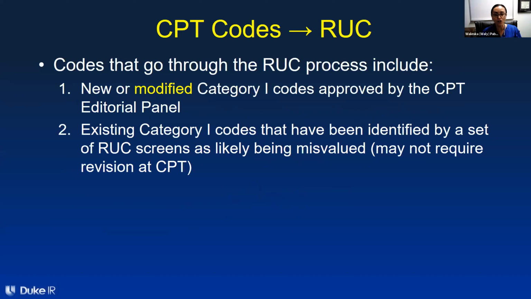And like I mentioned earlier, those codes detected by a screen can be referred by the RUC to CPT if the actual verbiage of the code needs to be modified, or they may remain in RUC just to undergo valuation.